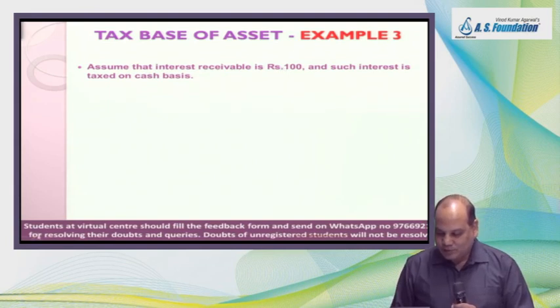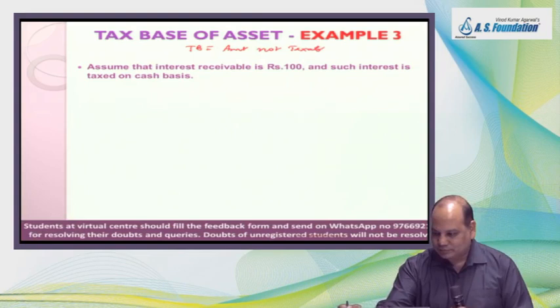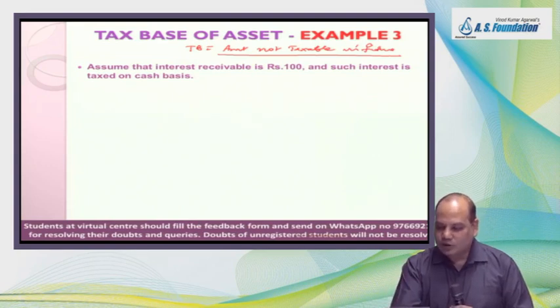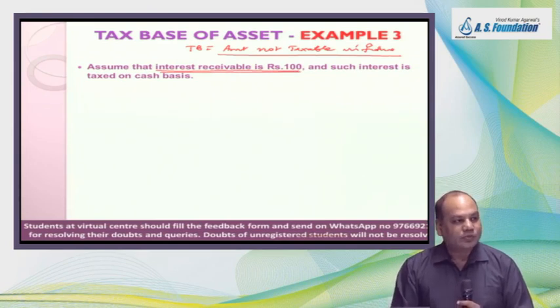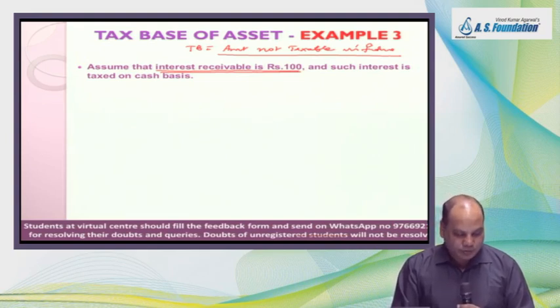So what I have to keep in mind is the tax base is the amount not taxable in future. In books of account, we will always assume accrual method is followed, unless otherwise specifically given.